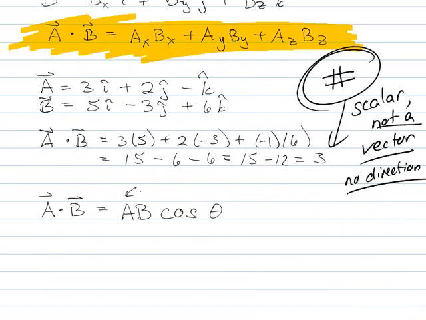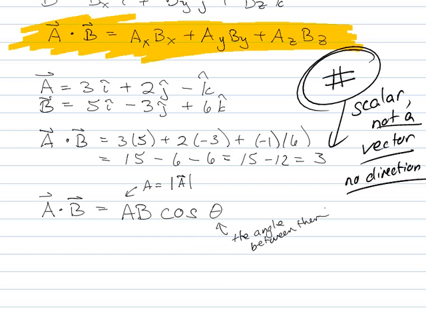Whenever I'm writing something like A, that's shorthand for the magnitude of the vector A. A is the magnitude of the vector A. B is the magnitude of the vector B. And so cosine is the angle between them. Like that. Cool? Got it?